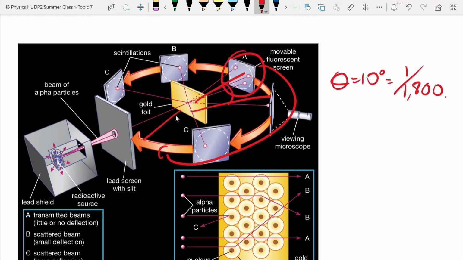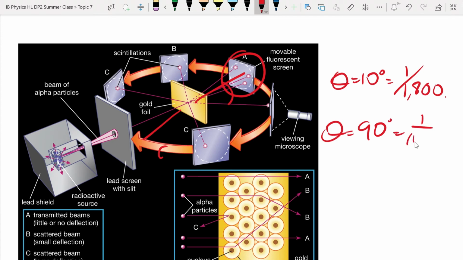And all the way at 90 degrees, they detected around 1 in 10,000, which you might think, well, isn't that a very small number that can be attributed to uncertainties, right? And the answer is no, because the expected number was 0 at these angles. Anything detected in any quantities would have been deviations from the model.